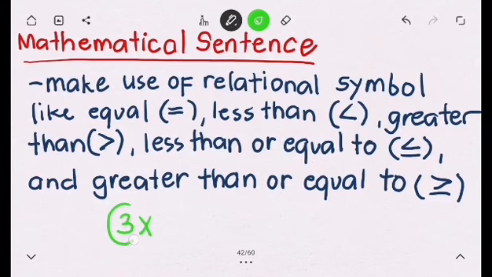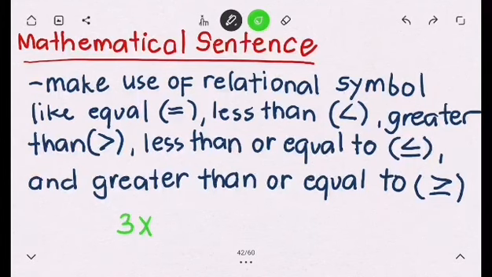So yung 3, ito yung presyo ng lapis bawat isa. So, itong x represent the number of pencils. So, ibig sabihin, this is an example of an algebraic expression or variable expression.